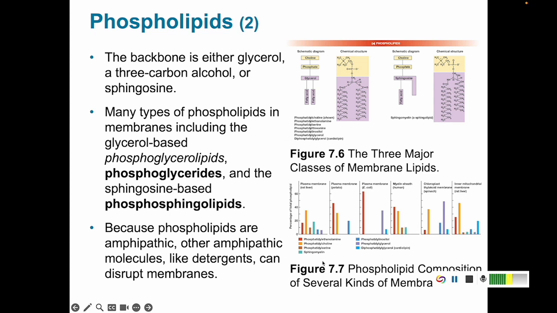So the take-home message is not that you need to memorize these. The take-home message is that different cells have different types of membrane, have different types of phospholipids in their membranes, and that is one way that you can characterize it. And also, because different cells are behaving a little bit differently, we have different phospholipids in different cell types.